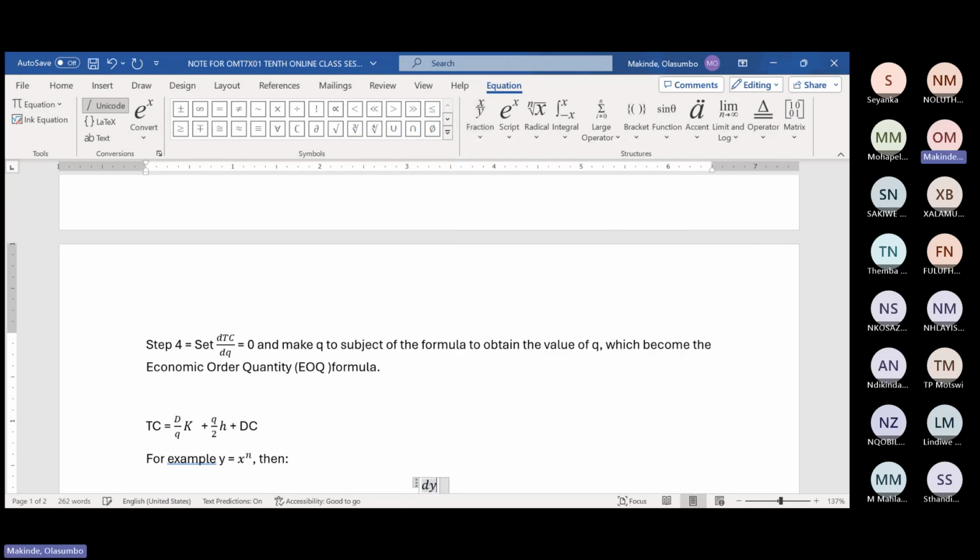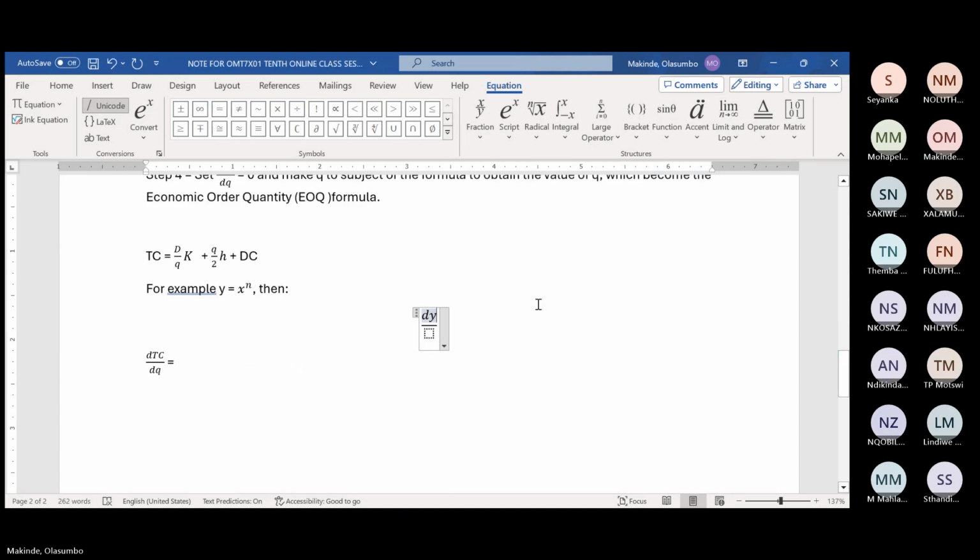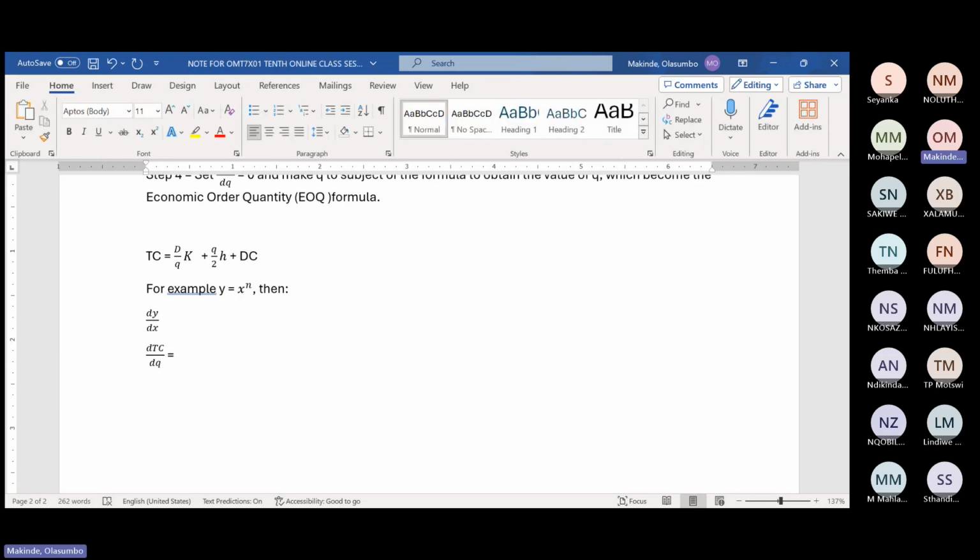Then dy/dx will be equal to, the way we differentiate this, you look for the coefficient of X. Don't forget, X raised to power N, the coefficient is 1.